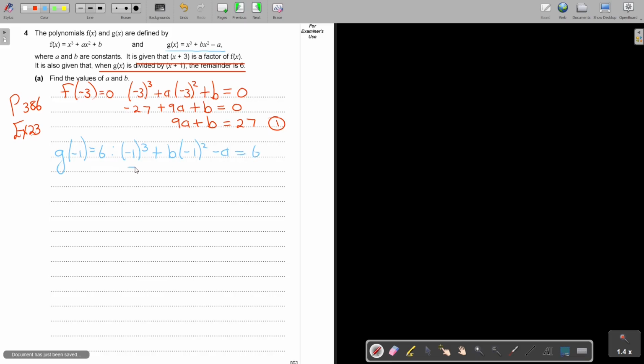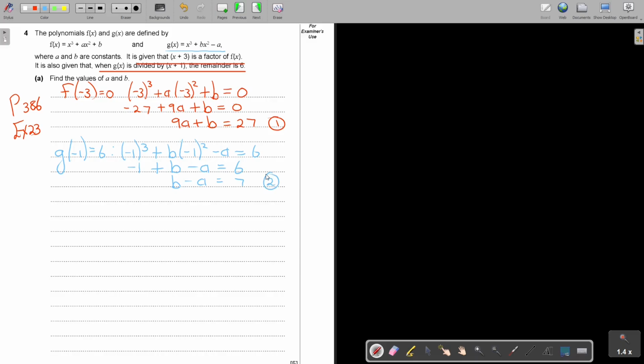This is going to be -1 plus b minus a equals 6. Then I can simplify it further by saying b minus a equals 6 plus 1, and that's going to become 7. Let's call this equation 2.